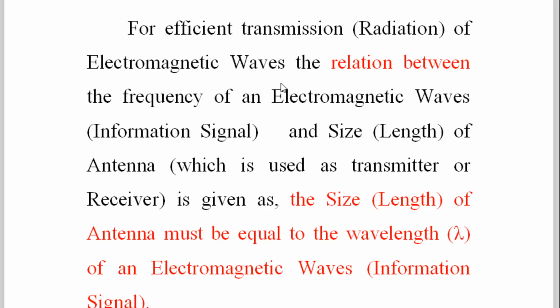What is the relationship between the size of the antenna, that is the length of the antenna, and the wavelength of an information signal, that is the electromagnetic waves? The size of the antenna must be equal to the wavelength of the electromagnetic waves, that is the information signal.